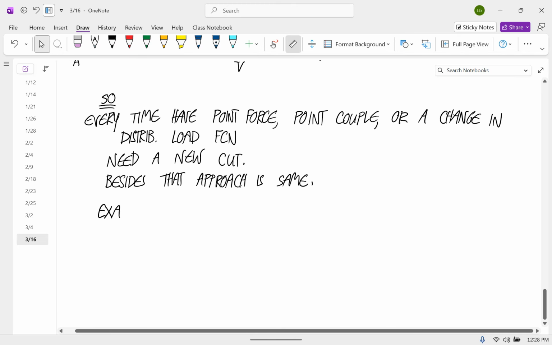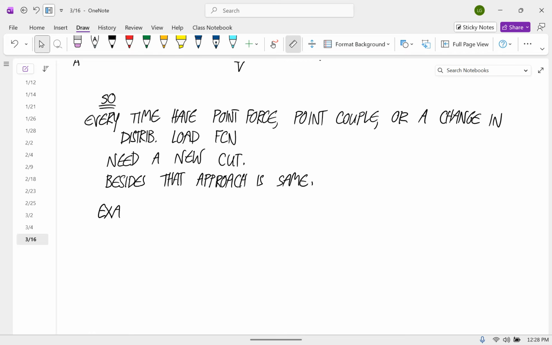Can you make a cut at the point load? No, we can't make the cut at the point load. You have to remember that the main thing a free body diagram is doing is deciding what material is in your chosen body and what material is out.